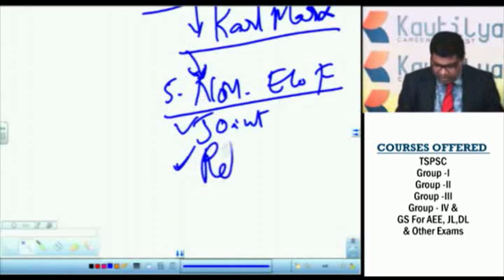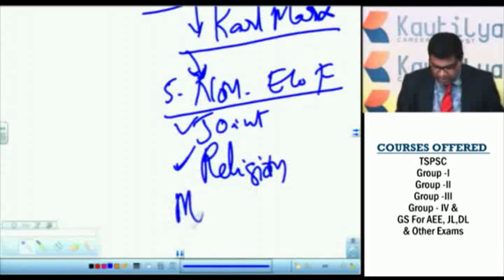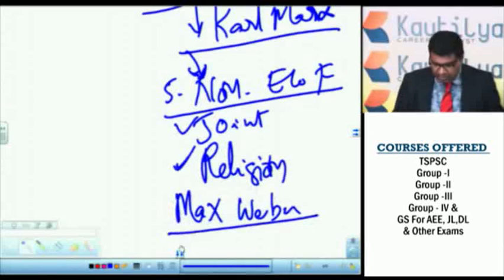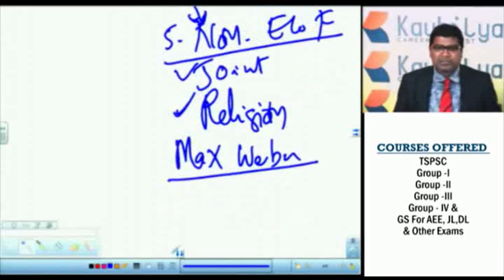Religion also influences economic activities. According to the famous social scientist Max Weber, modern capitalism emerged from the Protestant ethic, the spirit of capitalism.